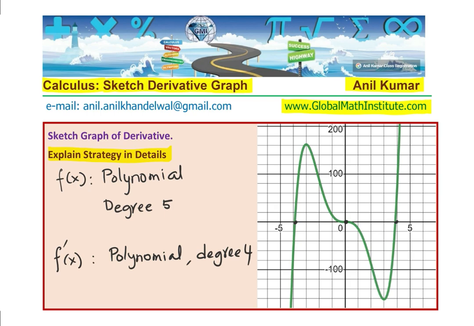Now the next step is to translate turning points into zeros. So this is our first step. We have a clear idea. Next step is to identify turning points.